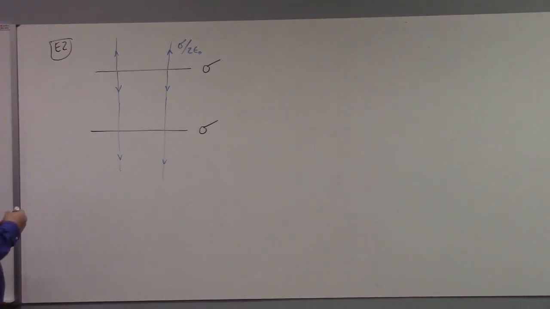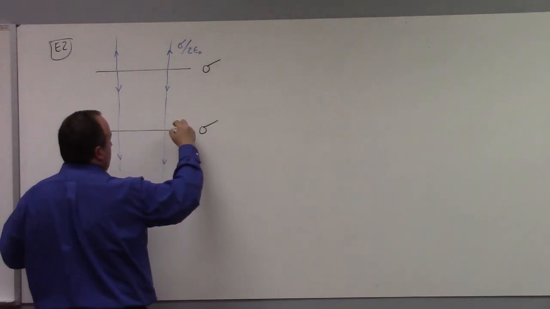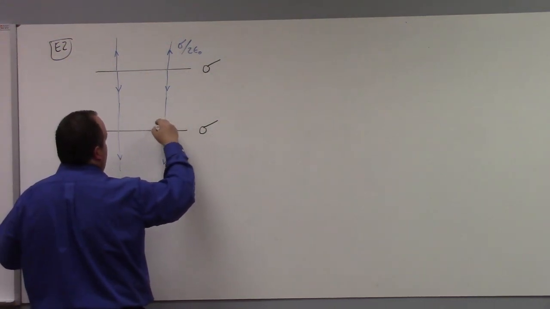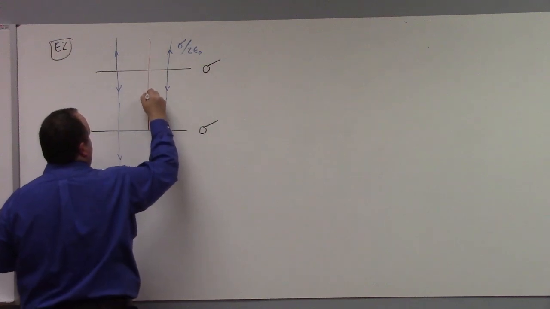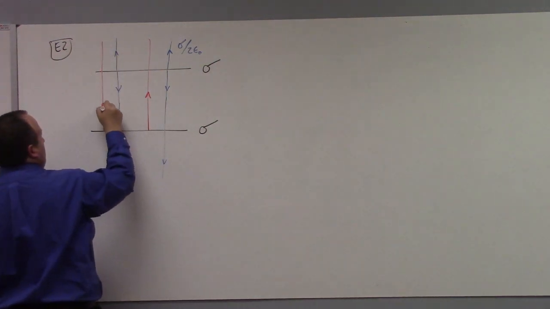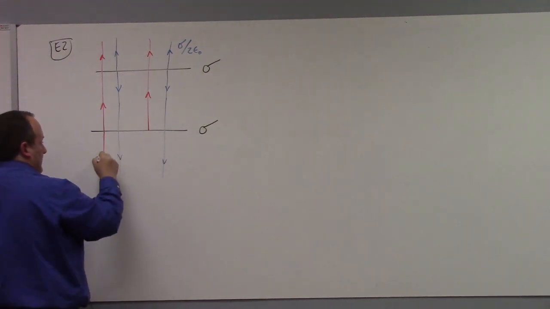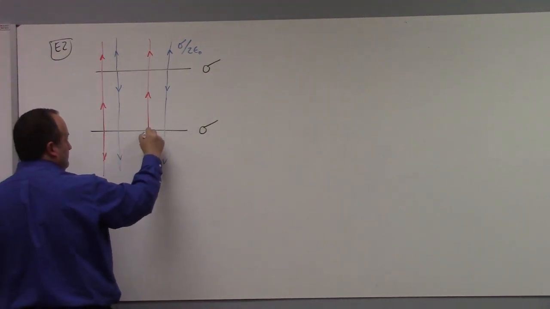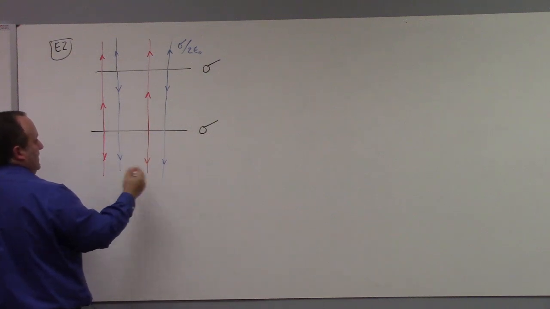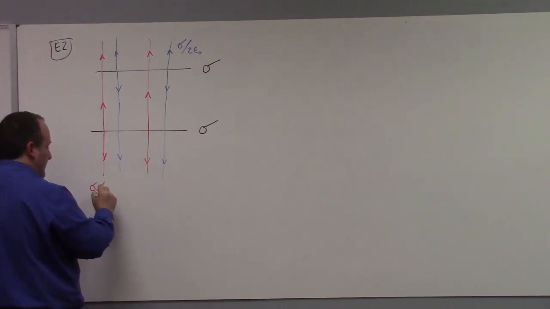But the ones emanating from the lower plane here, well, same song and dance, right? The electric field lines go away from the plane, so like that here, right? But down here, the story's different. But again, the magnitude is what? Sigma over 2 epsilon naught.